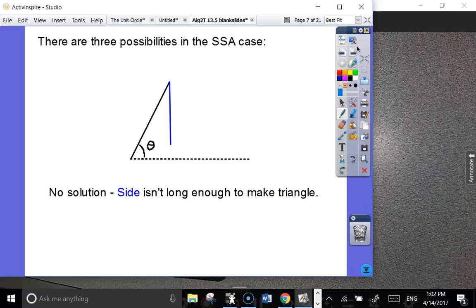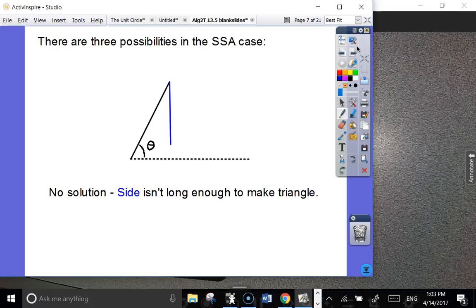So this is always the way we set this up to look at it. Here are the 2 given sides, and this is the angle that's not included. Now it's a dashed line because I really don't know how long that line is. I just know that it opens up that far. Now, if they give you this side, and then this side is not long enough to reach the other side of the angle, then it's not going to be a triangle.